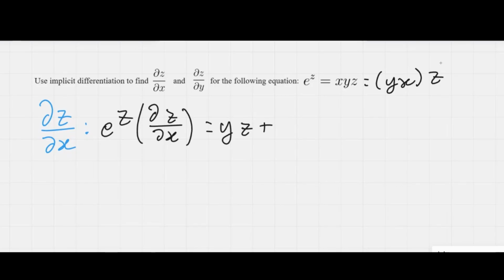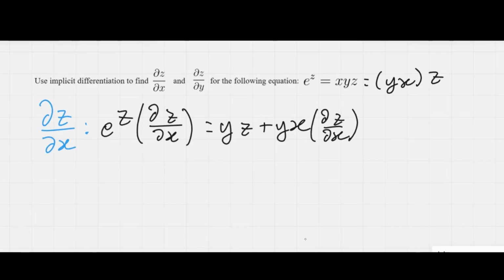The derivative of z is just 1. However, because we have to use chain rule, and also because z is a non-constant term, we're multiplying this by the partial derivative of z with respect to x. And so what we're left with is yx multiplied by del z over del x.